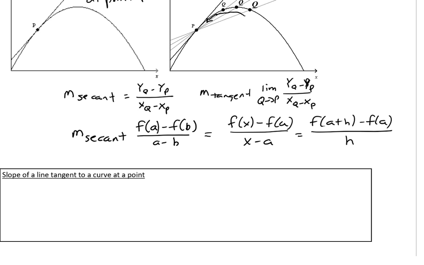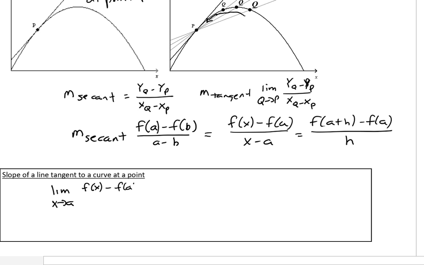Right. So the slope of a tangent line, it would be one of these things, the limit as x approaches a of f of x minus f of a over x minus a. Or, one we're going to find more useful is the limit as h approaches 0 of f of a plus h minus f of a all over h.